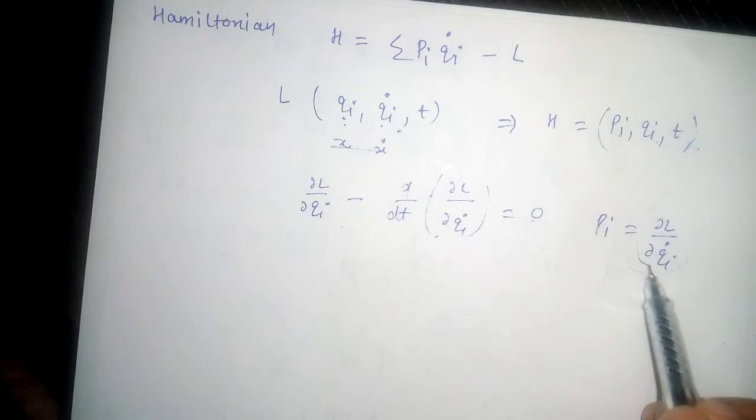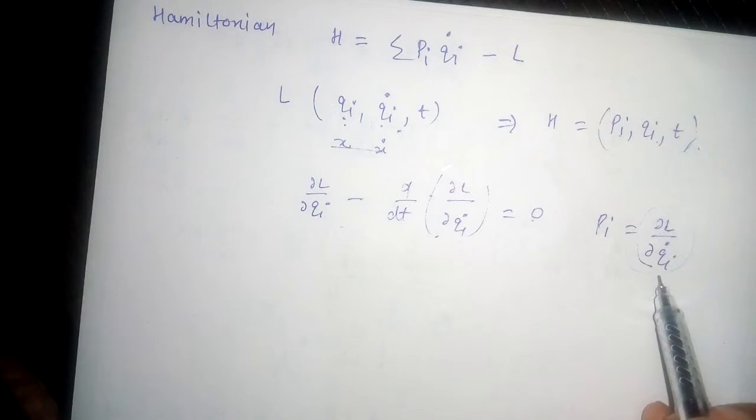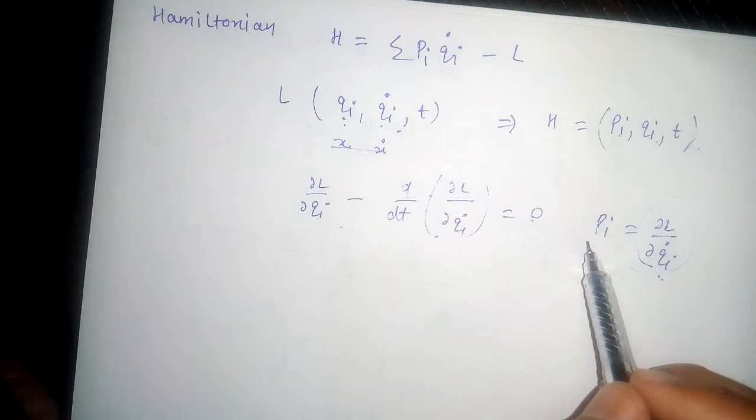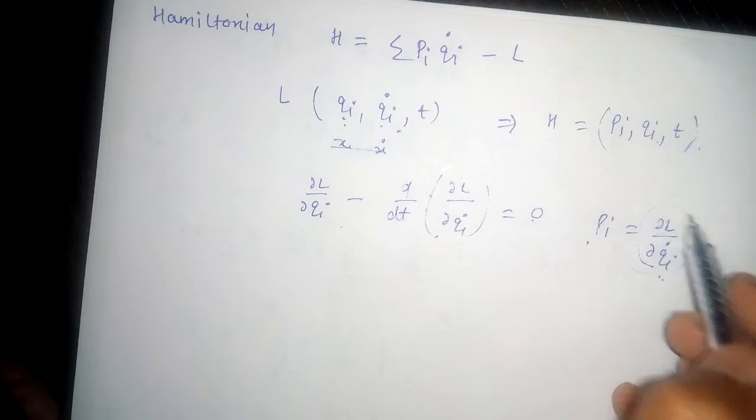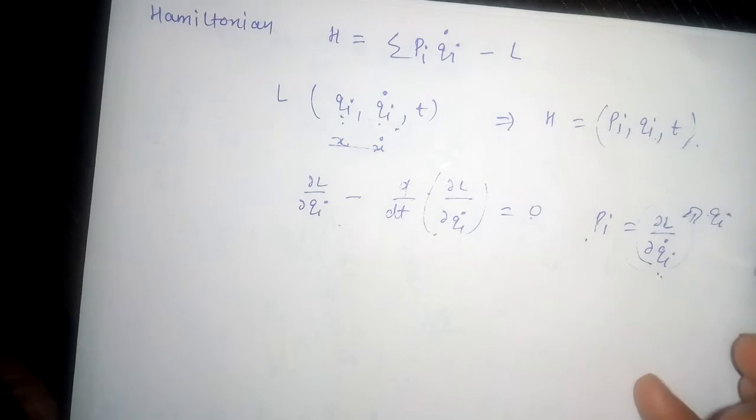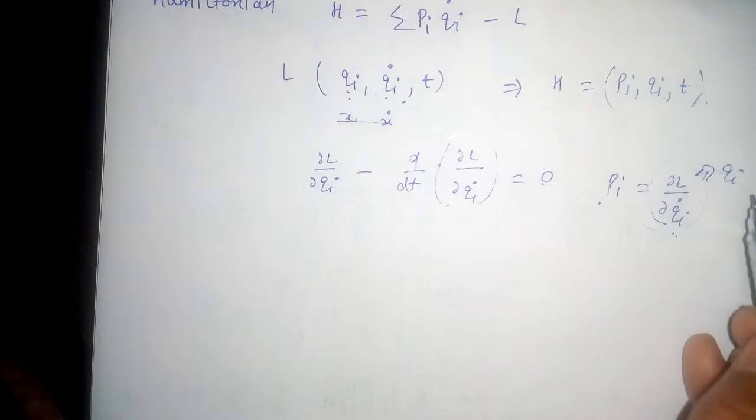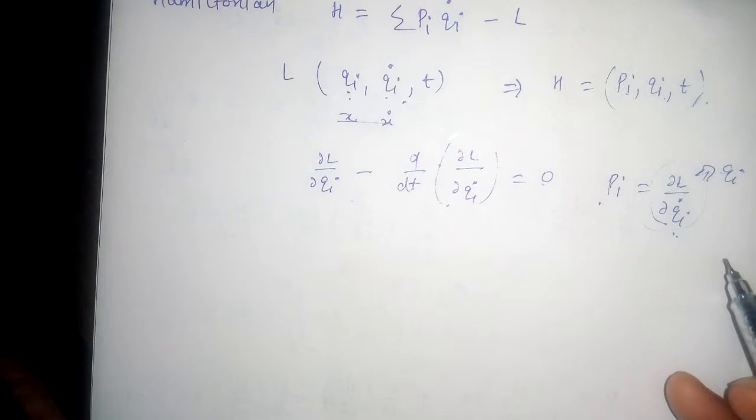If we take the derivative of L with respect to Qi dot, we will find that pi. This will become in terms of Qi dot.